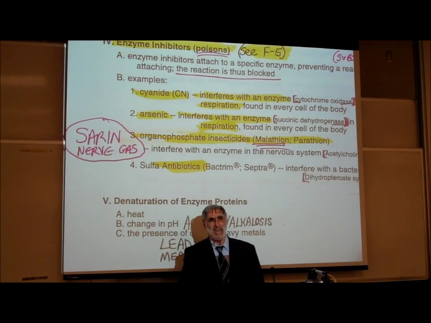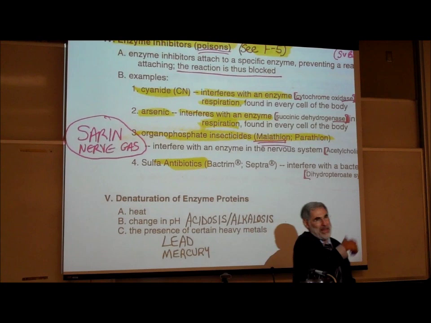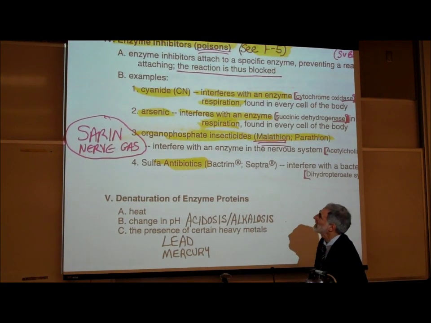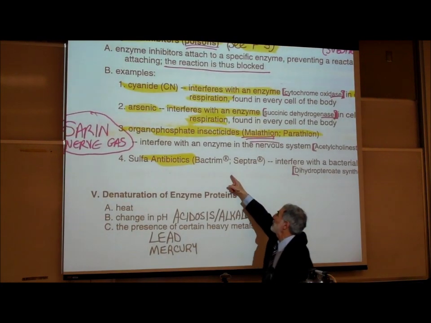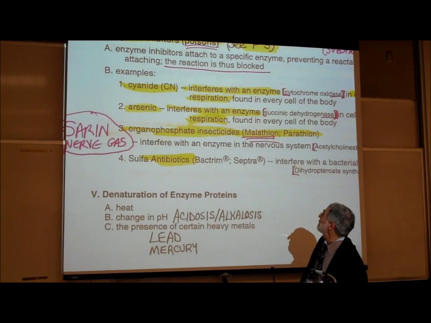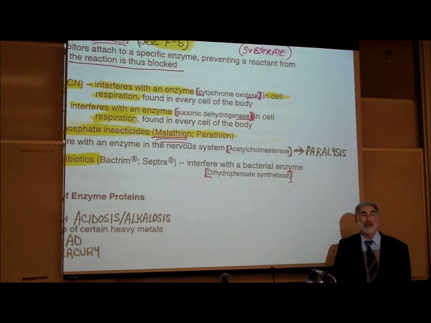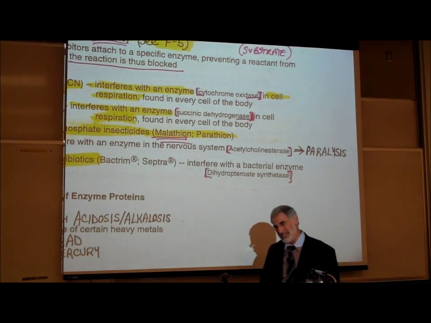So they'll hand you a can of malathion and they'll say, just spray this on the leaves of the plant or the tree and that'll kill those little bugs. Well, how does it work? This chemical interferes with an enzyme in the nervous system of those insects. The enzyme that's in the nervous system of the insects is called acetylcholinesterase.